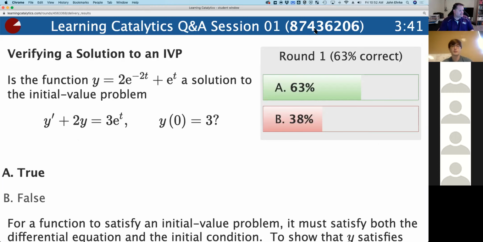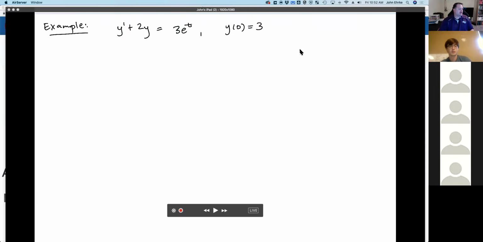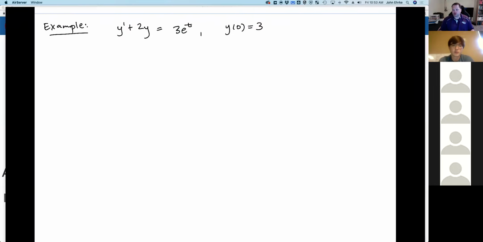So what does it take in order for something to be a solution to an initial value problem? Well, our candidate for the solution is 2e to the minus 2t plus e to the t. For this to be a solution, I have to be able to plug this in everywhere I see a y. And both sides of the equation should be equal to each other, okay?